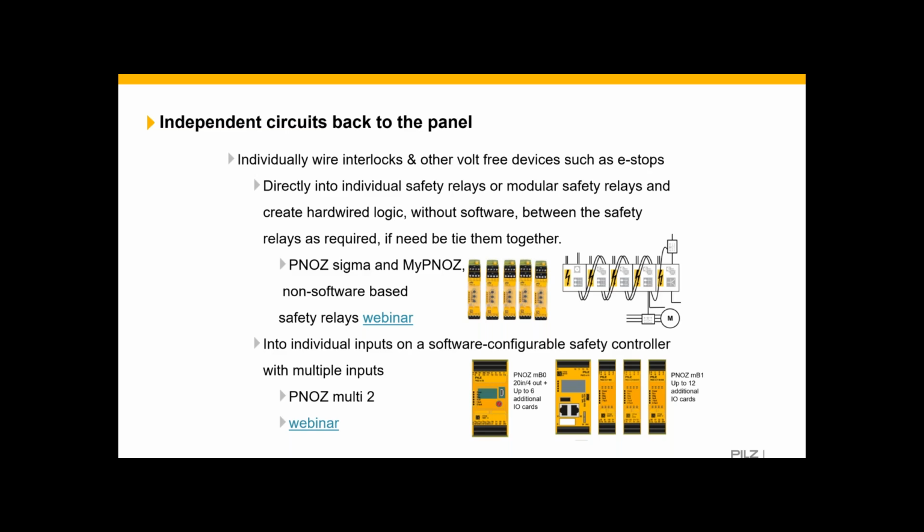If need be, we can tie them together using our Pilz Sigma or MyPNOZ non-software based safety relays, or we can wire them individually back to a software configurable safety controller with multiple inputs, such as our PNOZmulti 1 and 2 controllers.